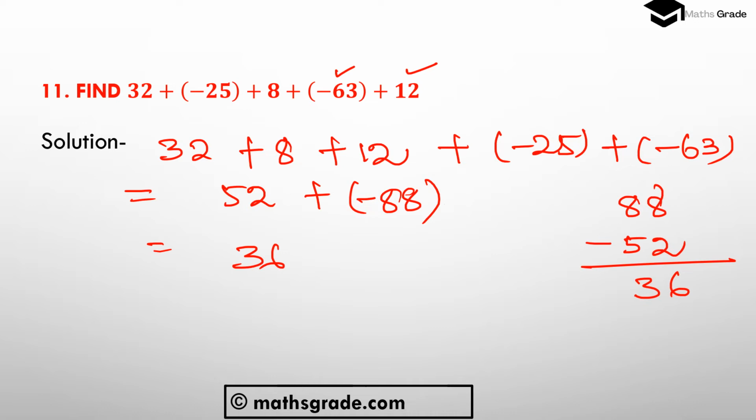Here the bigger integer is 88, which is a negative integer. So put the negative sign, that is minus 36. So 32 plus minus 25 plus 8 plus minus 63 plus 12 is minus 36. So the answer is minus 36.